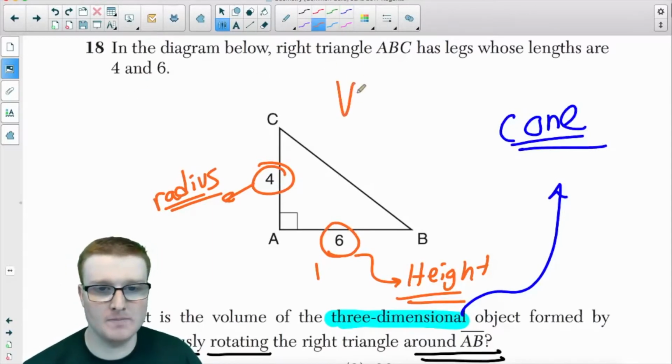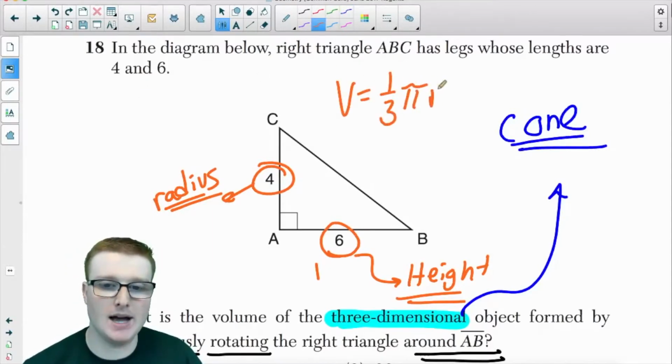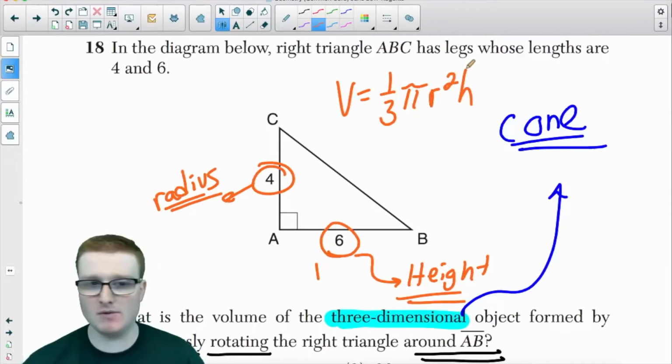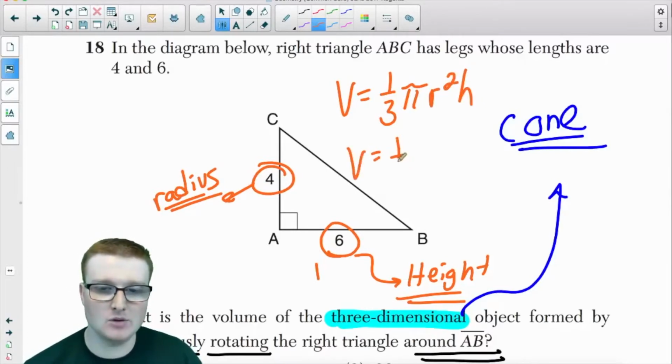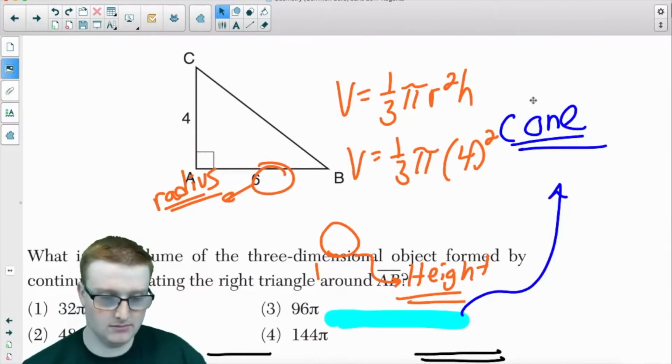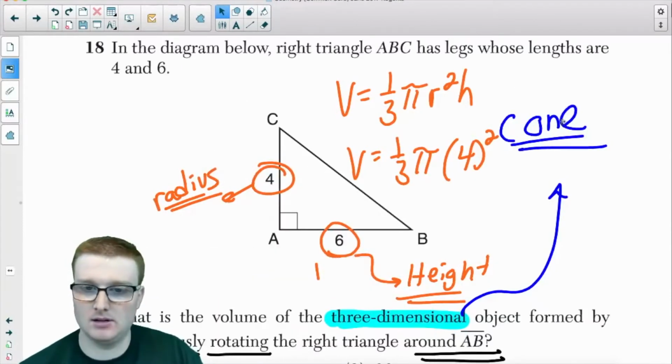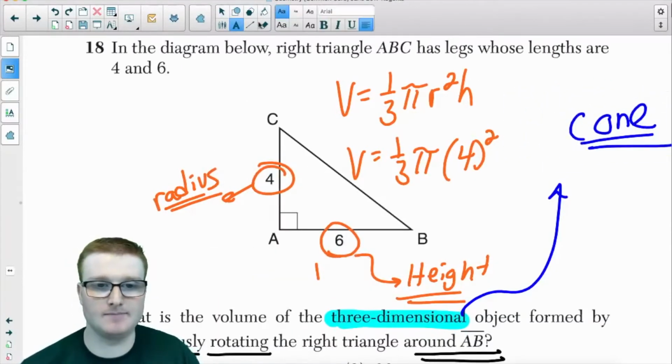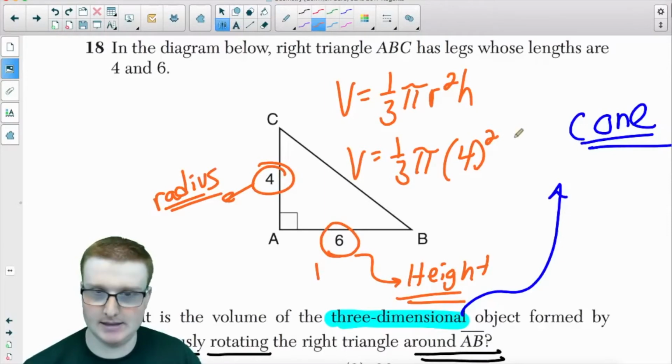So the volume of a cone is 1/3 pi r squared times height. Again, you can get that right from your reference sheet. Volume equals 1/3 pi. The radius is 4 squared, and the height is 6. Let's type that into our calculator.